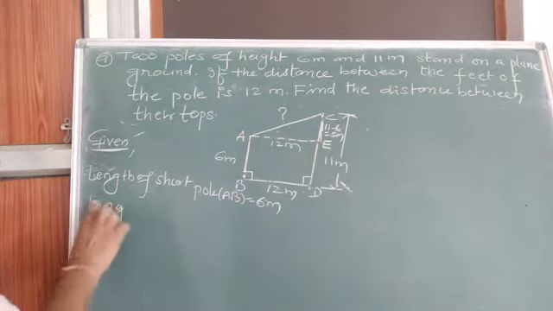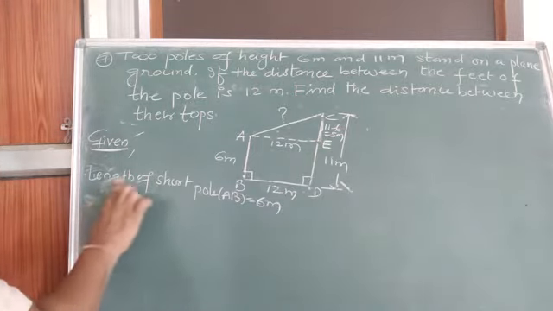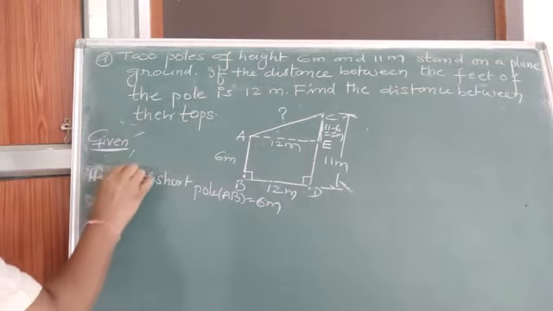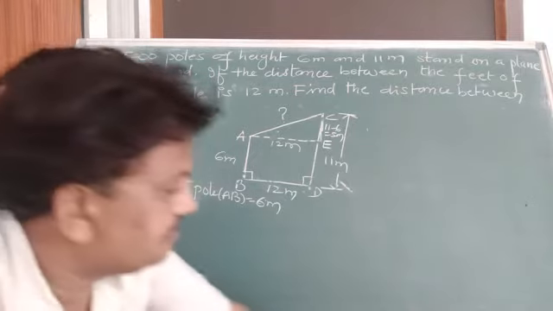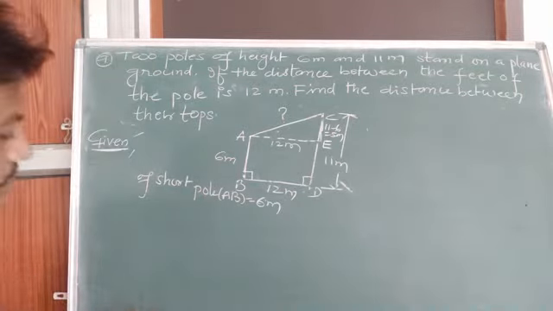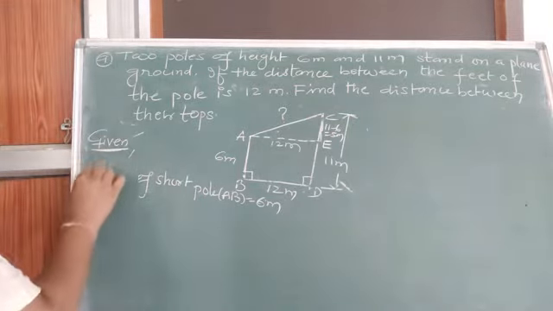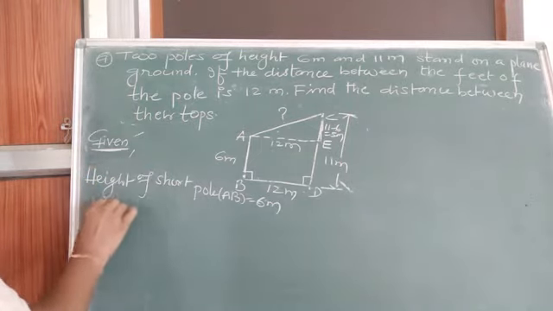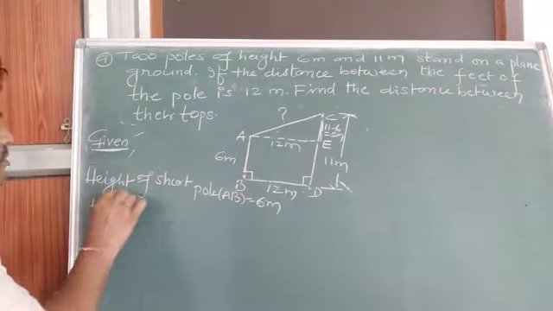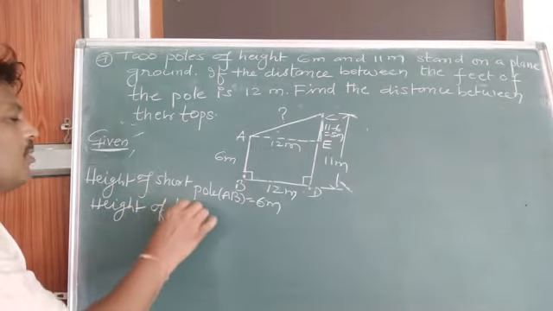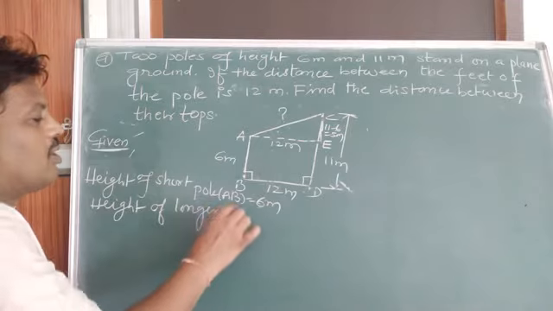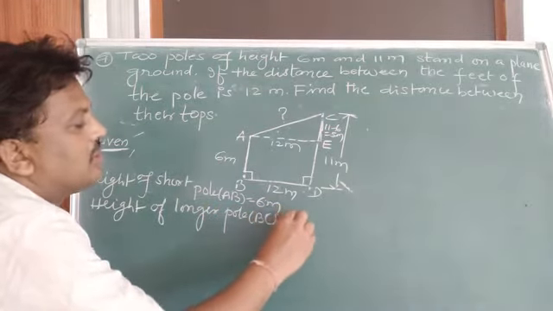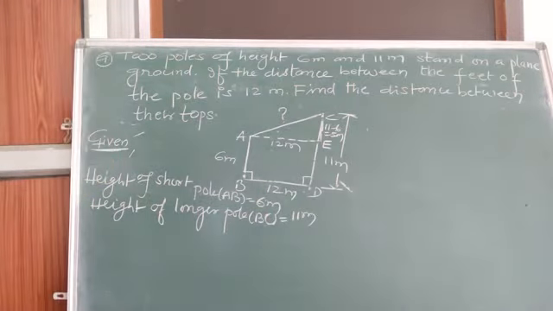Length, or I can take height also, no problem, children. If you are standing vertically, this one we can call height. Next, height of the longer pole, let BC is equal to 11 meter.